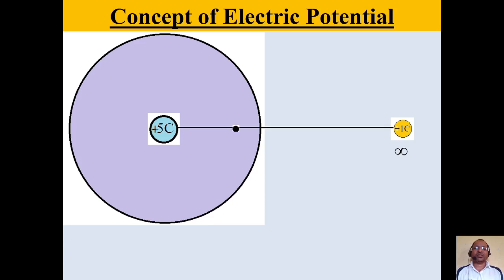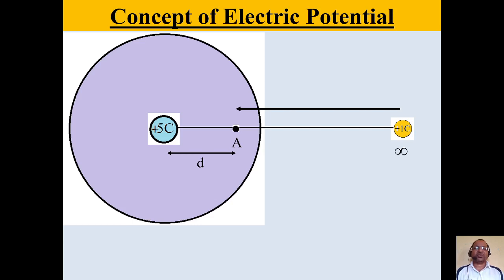We have to bring this test charge to a point A which is at a distance d from the given charge, that is plus 5 coulomb. So we have to bring this unit positive charge from infinity towards the given point. We know that as the distance between two charges decreases, the force of attraction or repulsion goes on increasing.